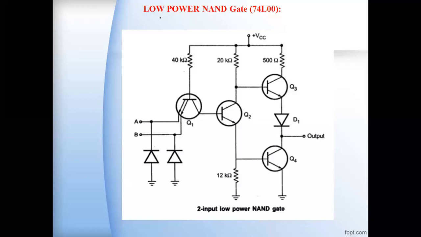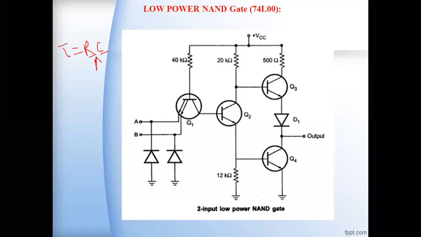So for the low power NAND gate, we have modified the resistor values to higher values. Therefore, the power dissipation will be decreased at the expense of the propagation delay. When the power consumption decreases, obviously the propagation delay will increase. Why? Because the time constant depends on the RC, the resistor value and the capacitor value of the load. Now here you have changed the resistor value.